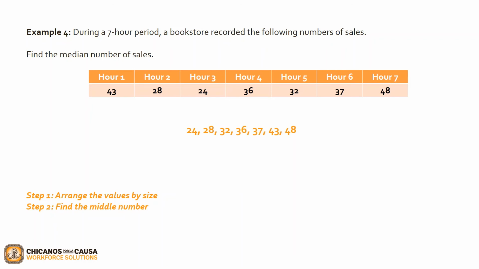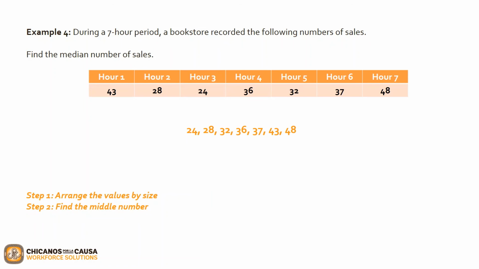Here we have the numbers rearranged from smallest to largest. We can see that we have 7 numbers, from 24 to 48, which makes it pretty easy to find the middle number since it's odd.